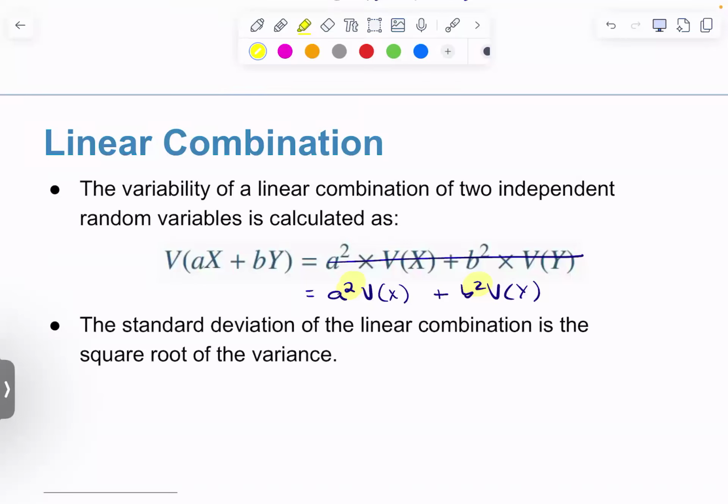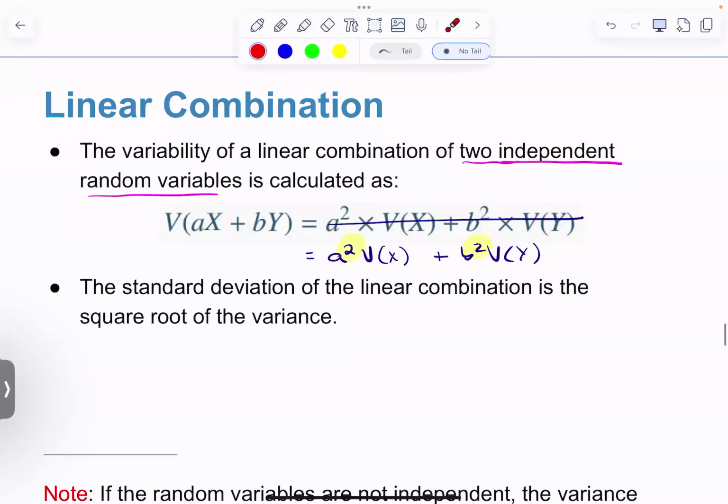And that's because the variance is a squared unit thing. And so now, as long as you know the variance of X and the variance of Y, then you can still look at a linear combination AX plus BY, as long as you remember that you have to square those coefficients. And then I'll just highlight that it's for two independent random variables. We're not going to consider not independent.